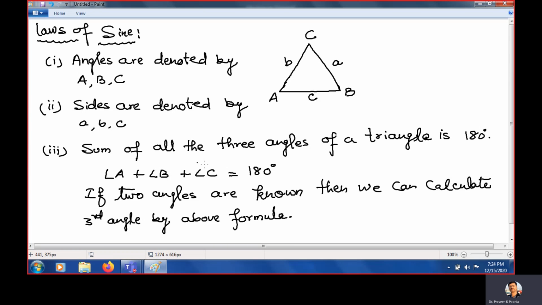Clear? This you need to remember, that the sum of three angles of a triangle is equal to 180 degrees. Clear? So generally they ask you one more question.